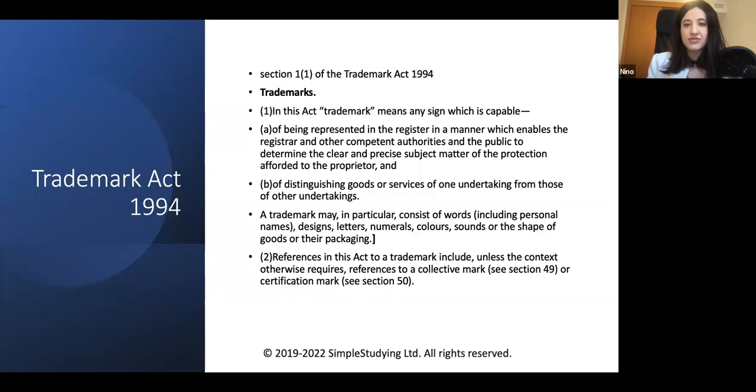Section 1 provides the definition, which is very similar to the directive. And very important that you need to consider here is that the sign has to be able to be distinguishable. So a sign should be able to distinguish the goods or services that it represents in the eyes of the public as well as relevant authorities.